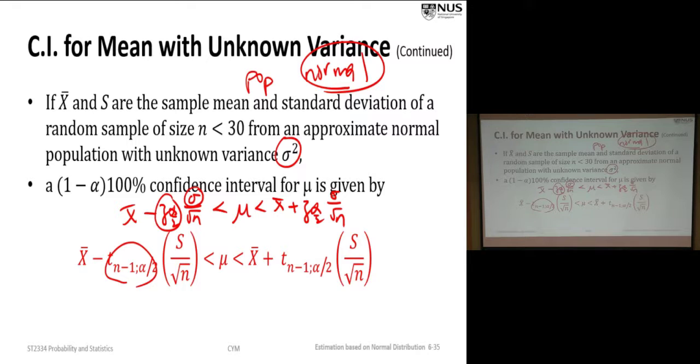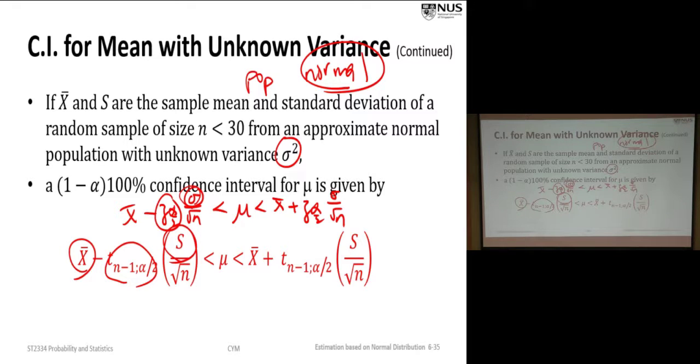All right? Why? Because we have to take into consideration that this is a random variable and this is a random variable. That means there is a lot of uncertainty. So in order to compensate, you need a bigger interval to achieve the same level of confidence. While in the previous case, sigma is known, so there's no variation about the variance.